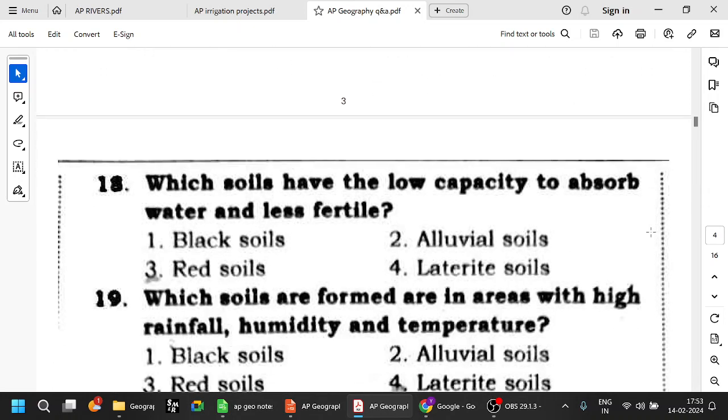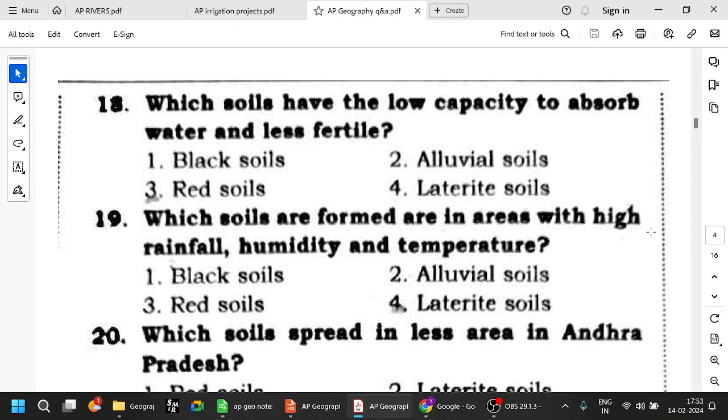Which soils have the low capacity to absorb water and are less fertile? As we have seen, alluvial soils and black soils have good water retention capacity and they are very fertile. On the other hand, red soils and laterite soils have low water retention capacity and are less fertile. Within red soils and laterite soils, I would say laterite soils are less fertile.